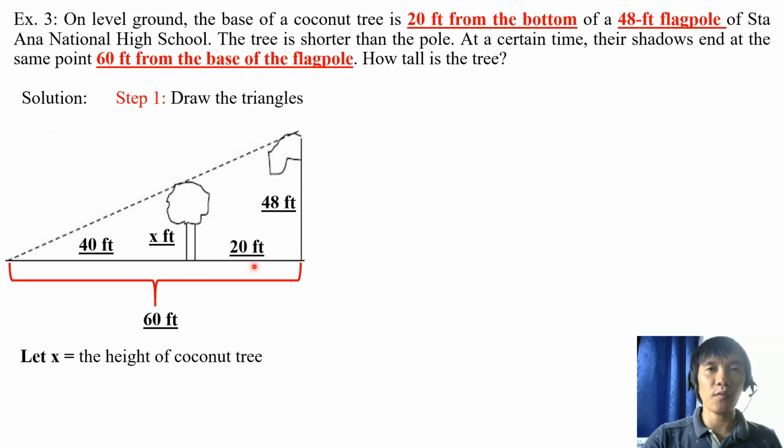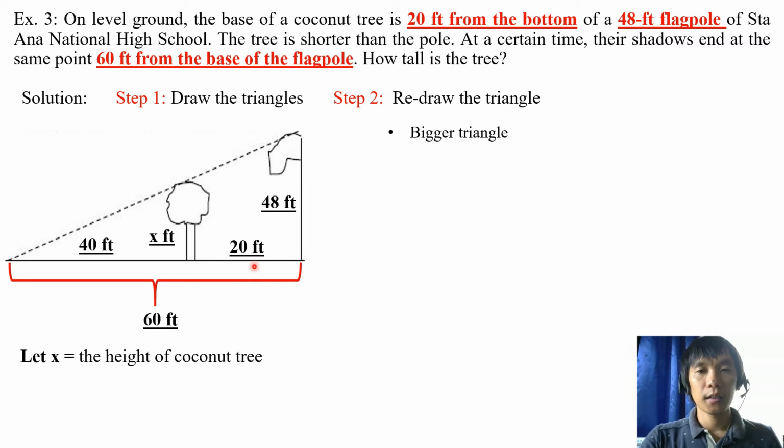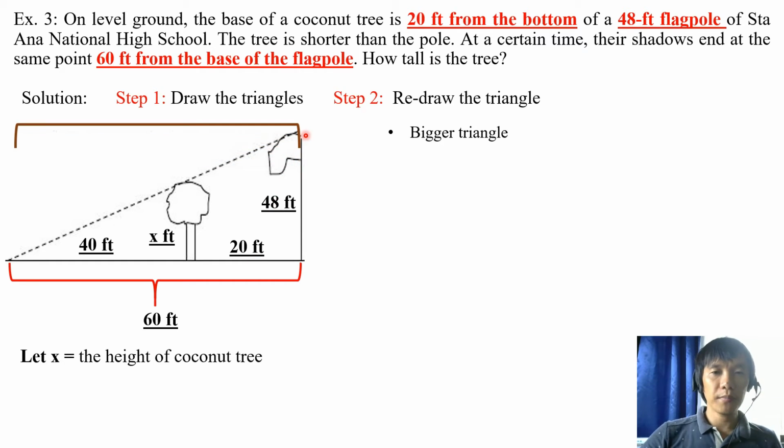The next thing we are going to do is redraw our triangle. First, let us draw our bigger triangle. Our bigger triangle will be from the flagpole to the point where the shadows meet or end.